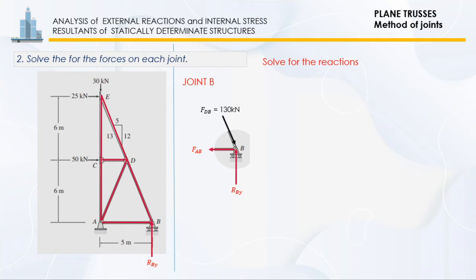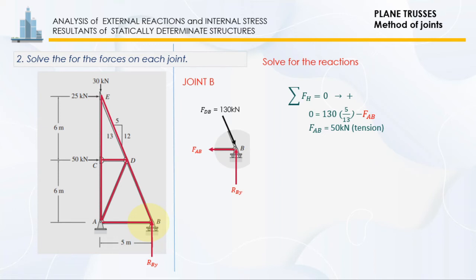So, next, by considering the equilibrium of joint B in the horizontal direction, taking summation of forces horizontal, we can obtain FAB. So, FAB is 50 kilonewton in tension.